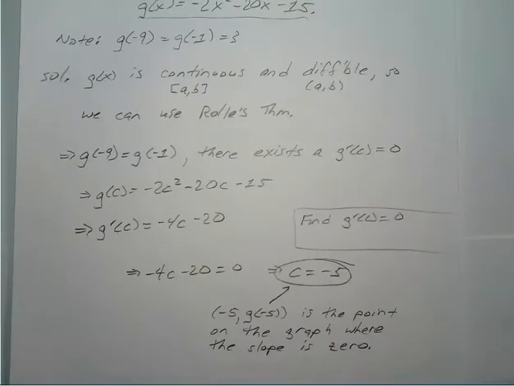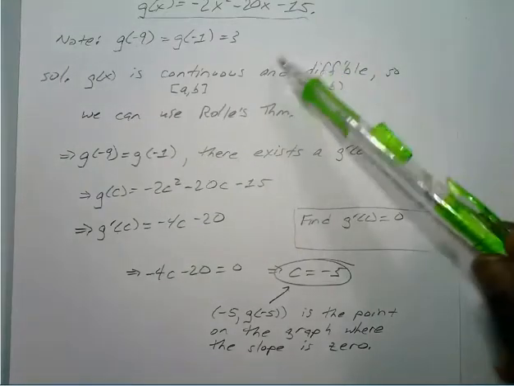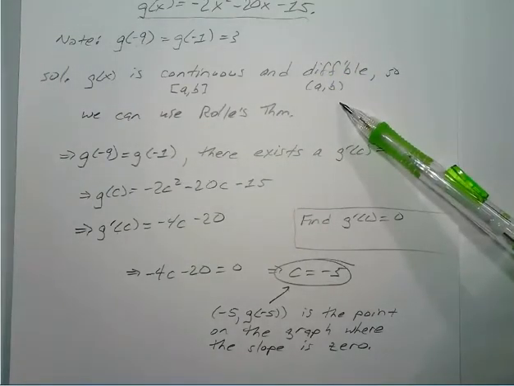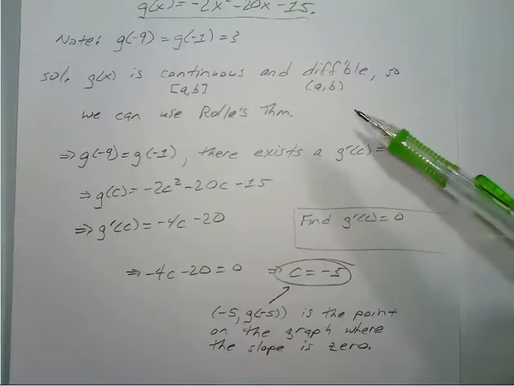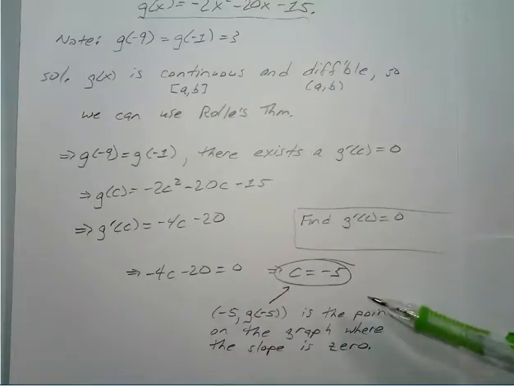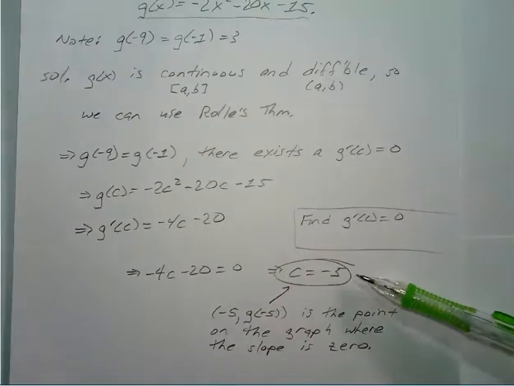It's not saying it's the only point where the slope is 0. On this particular graph it is, but on other graphs you could have more than one point. All Rolle's theorem tells us is that once those stipulations are met, we know for a fact that there is at least one, not just one, but at least one, and we were able to find that c value where the slope is 0.